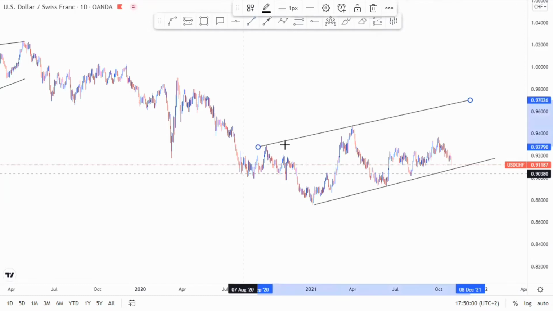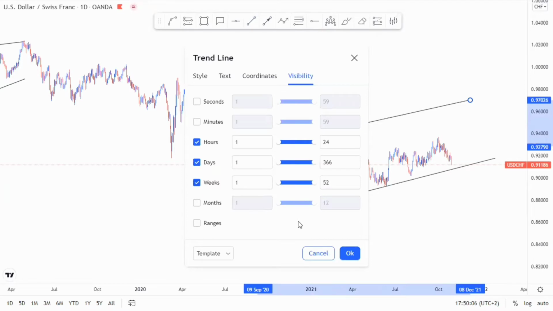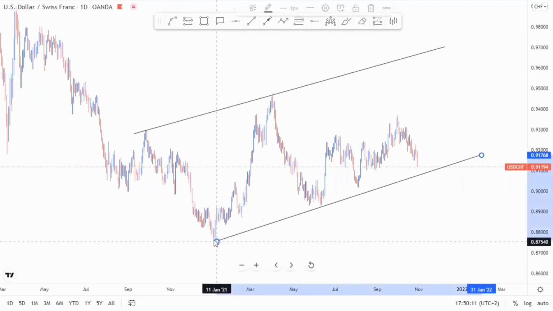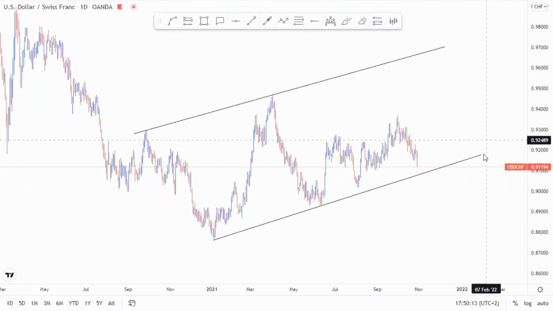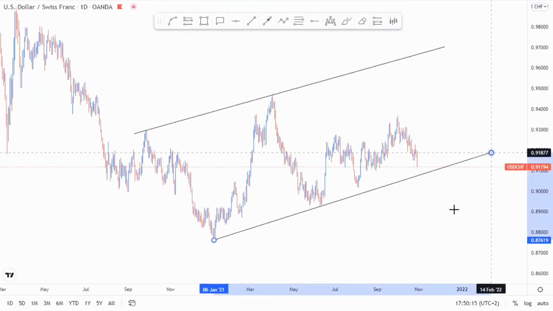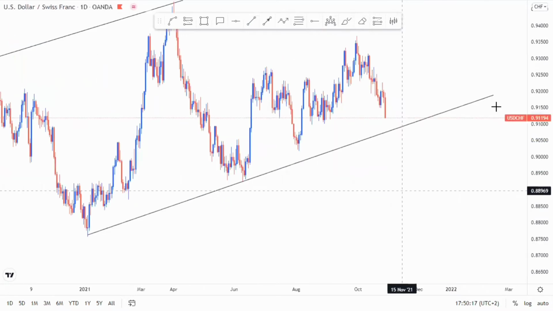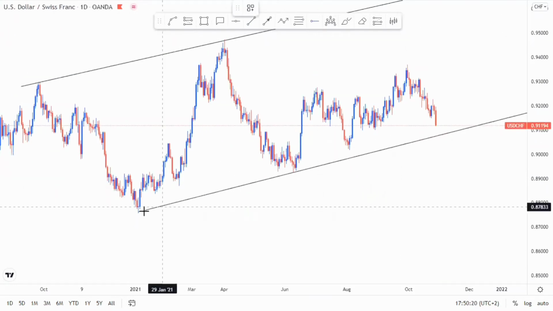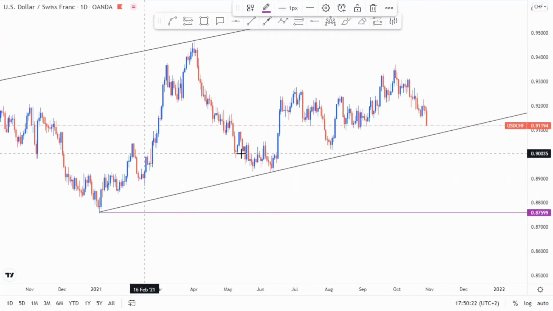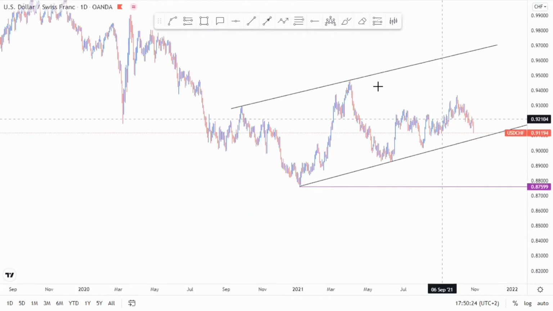Then the settings of the trend line to keep my charts clean. Let me set the settings: the weeks, the days, and the hours. Perfect. Just the weeks. And with that being said, let me also highlight the low of this pattern.